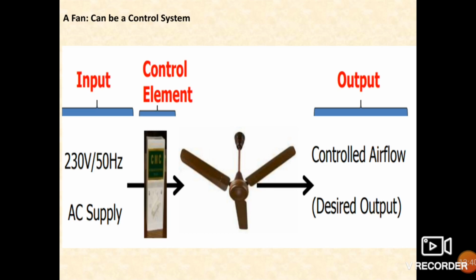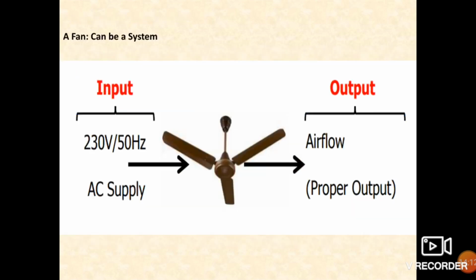So a fan becomes a control system if it comes with a control element, the regulator. I hope now you can understand what we mean by a control system. A control system means it has some controlling mechanism. So here the fan becomes a control system and it includes a controlling element, the regulator.